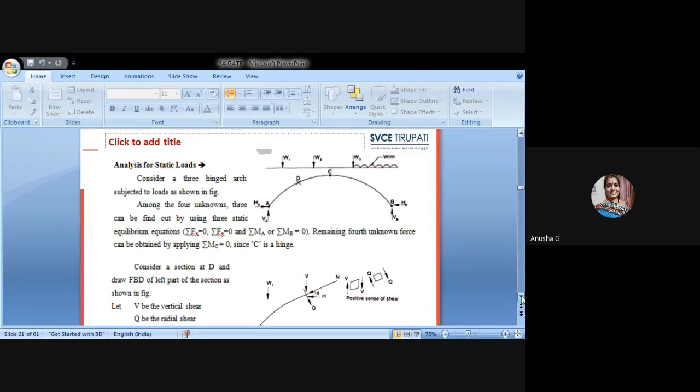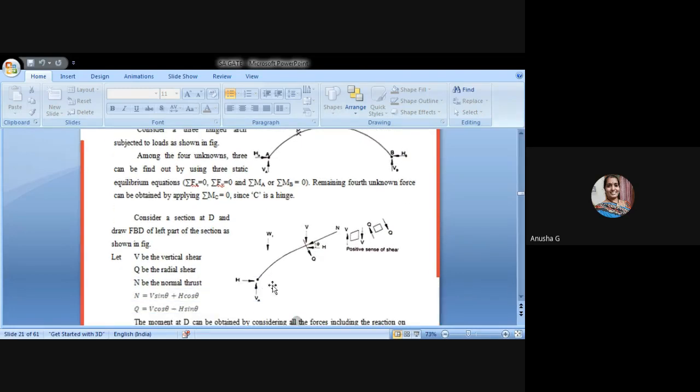If you consider this, you can observe the vertical force VA and the horizontal force H acting here, and at D also we get the same vertical and horizontal forces. Then we can observe the positive sense of normal thrust and radial shear.